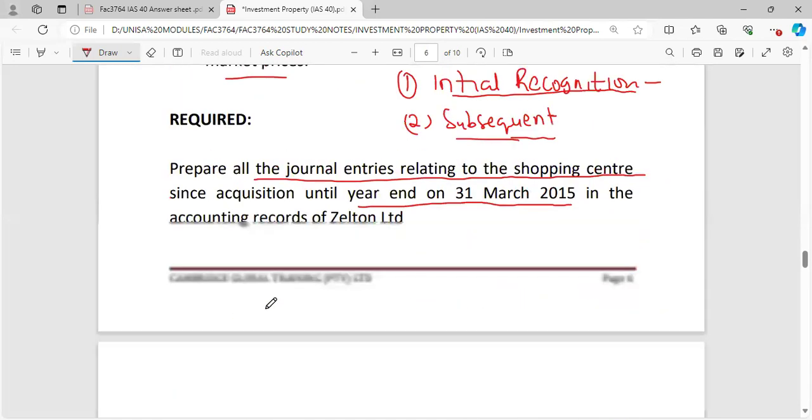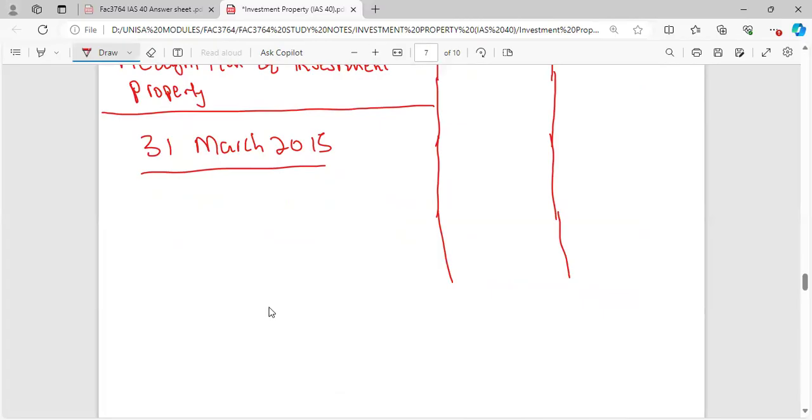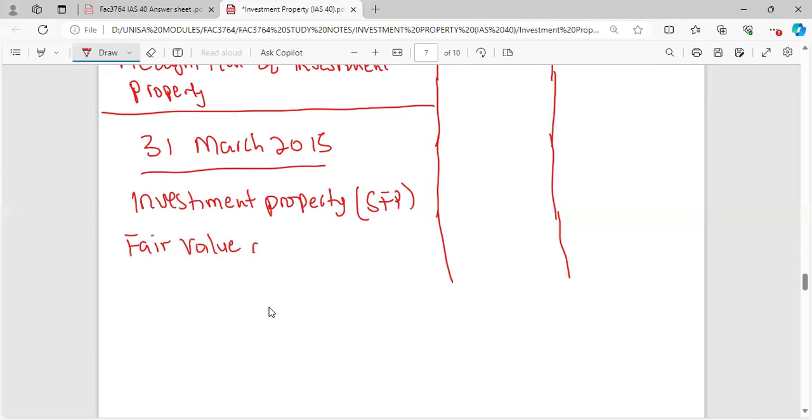The fair value adjustment is going to increase the investment property in the statement of financial position, and it's going to increase fair value adjustment in the statement of profit and loss.